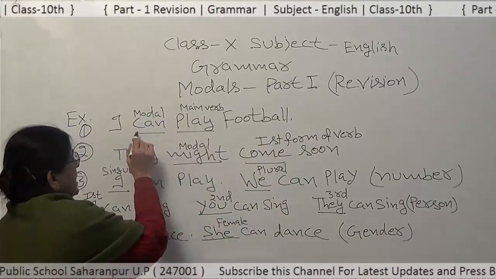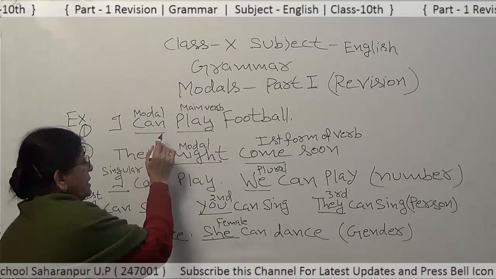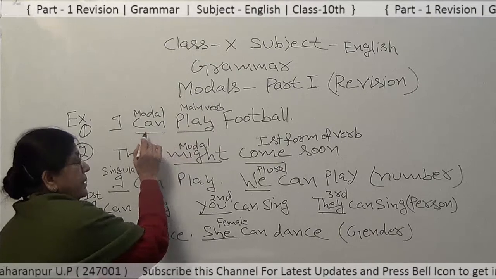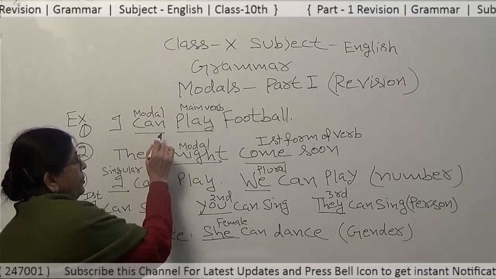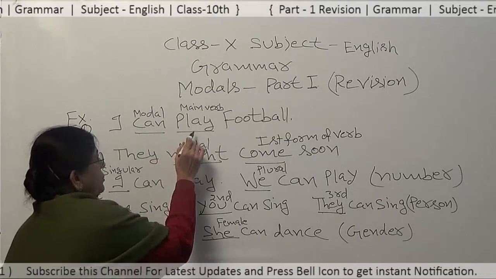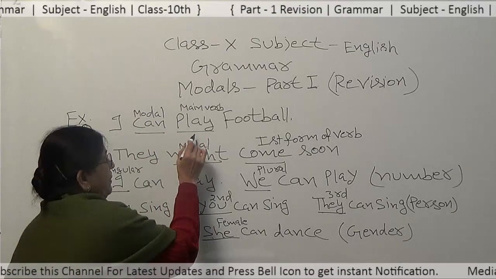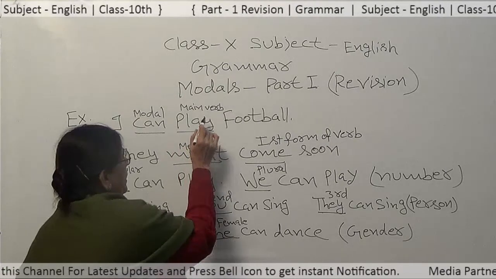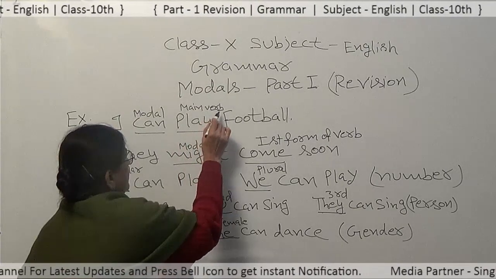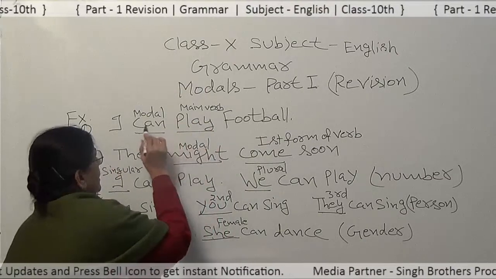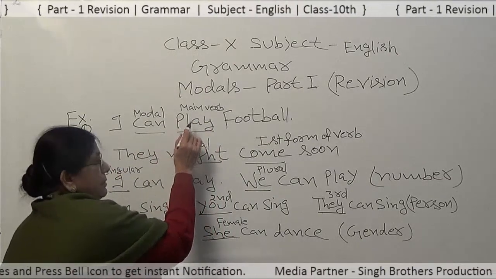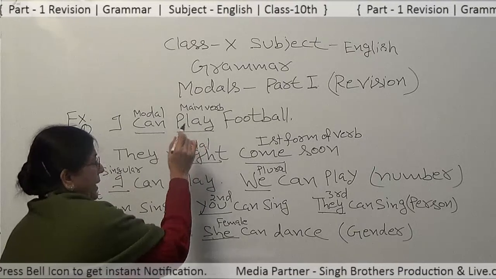Here, can is the modal. Can is a modal, but it can never be used alone. It will be used along with the main verb. Here, play is the main verb. Can is expressing the main verb play here.